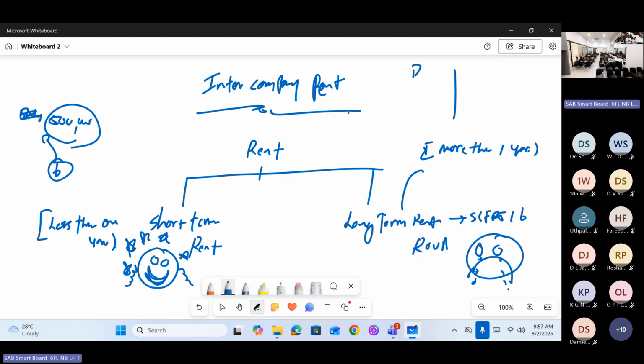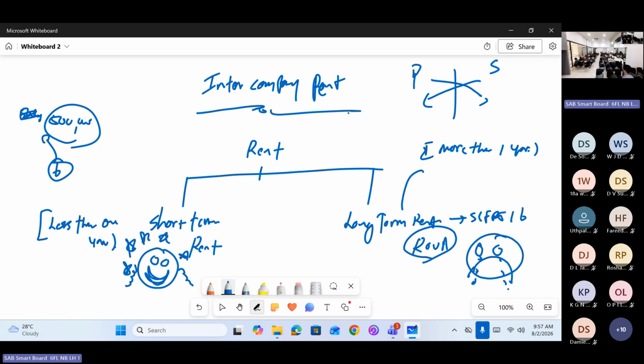Here, parent and the subsidiary. Parent can give, subsidiary can give. The party who is getting it may recognize ROUA. The party who is giving it, it is an asset to them.